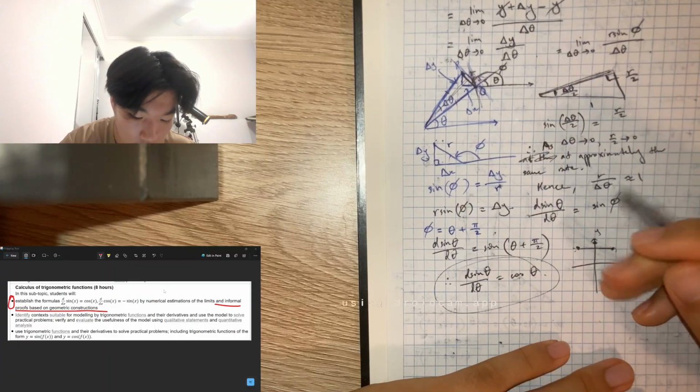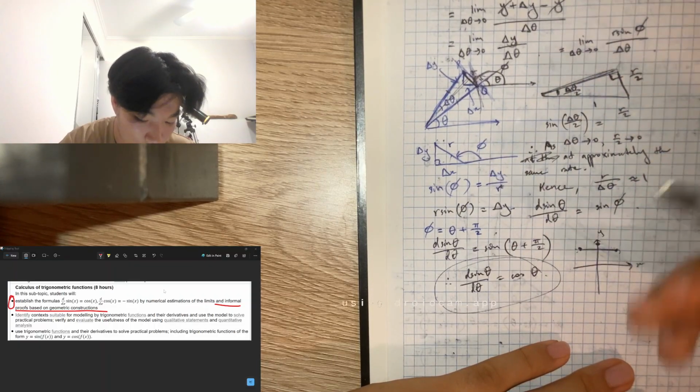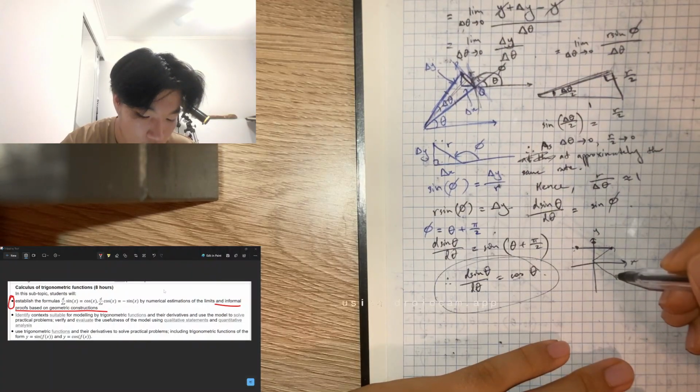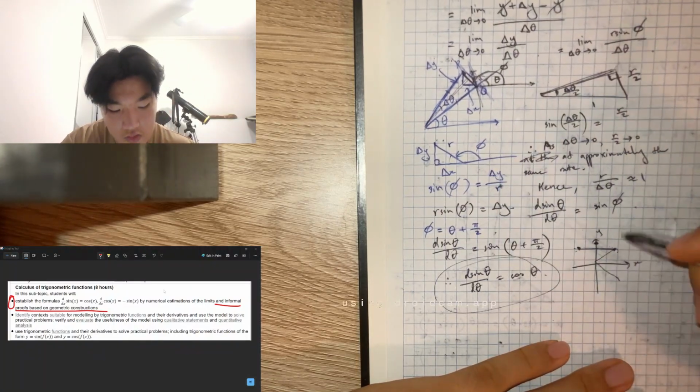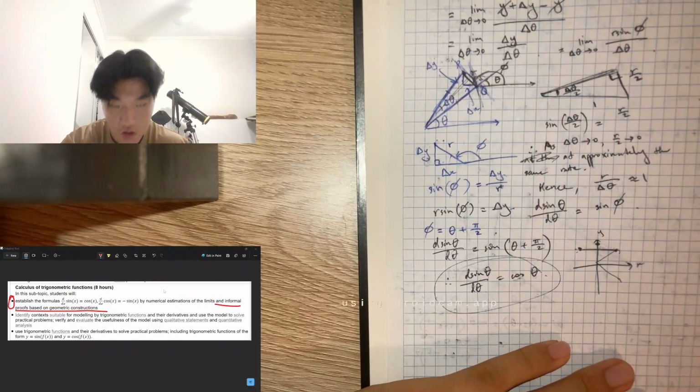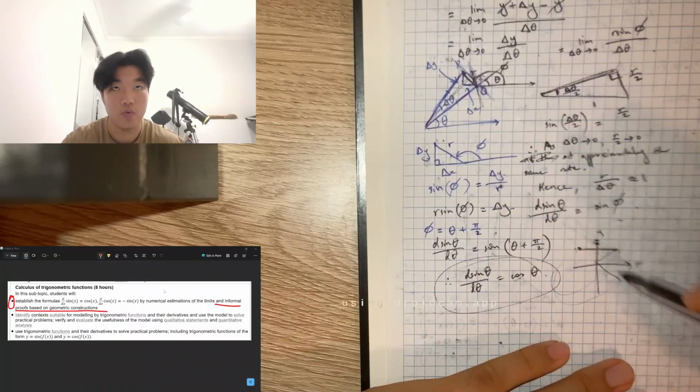Cosine of 0 is just 1. Cosine of pi over 4 is going to be here. Negative pi over 4 is here. But guess what? Since cosine is related to the x-axis, it's going to be positive. Okay, so this is in line with what we expect.